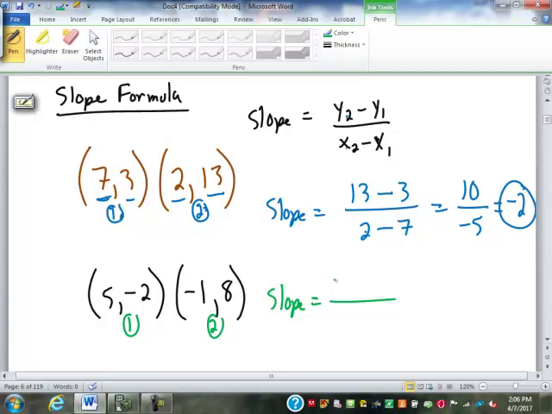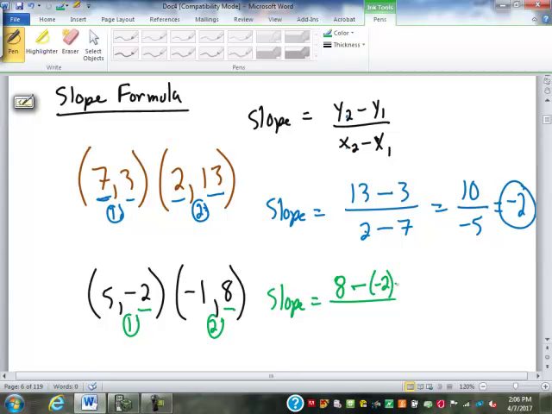What's going to go first here on top? 8, good. y2 is point 2, y-coordinate is 8. And then, of course, minus, what comes next? Negative 2. y1 is point 1, y-coordinate is negative 2.